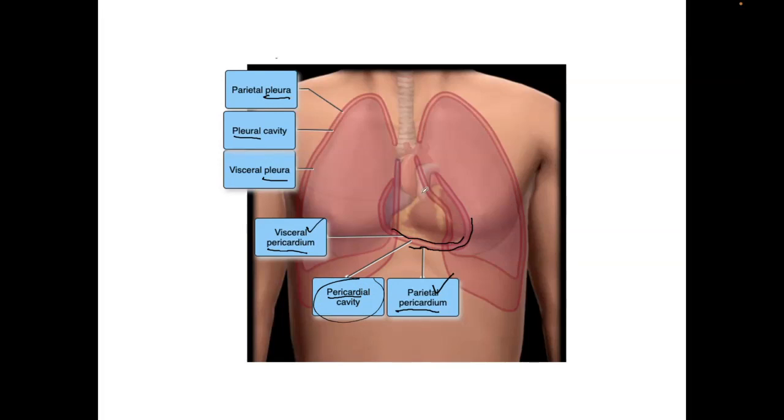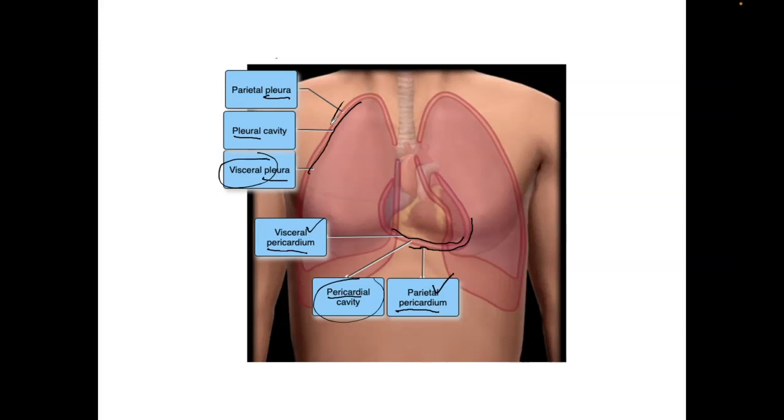Right? The heart is beating rapidly, it generates heat, so this fluid helps to insulate the heart and to cool it off. Same concept with the lungs. The layer on the inside, that's the visceral layer.